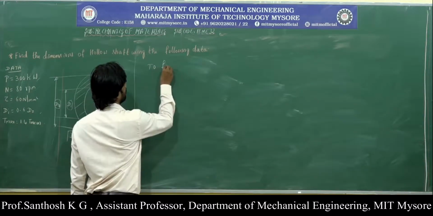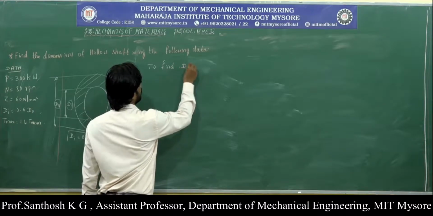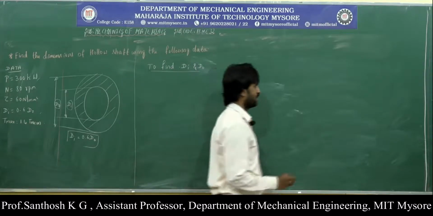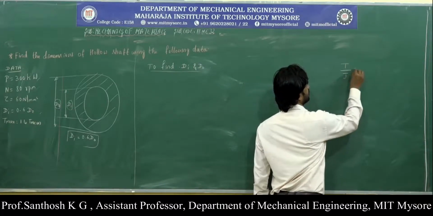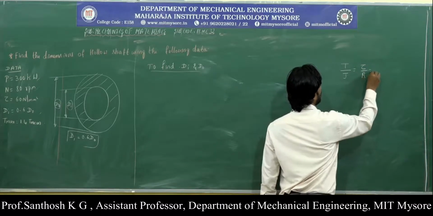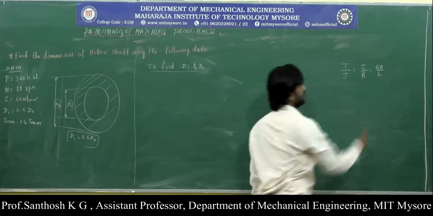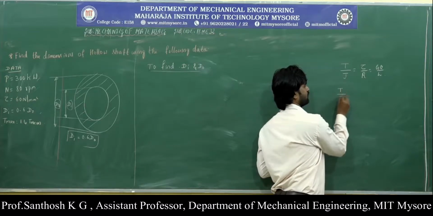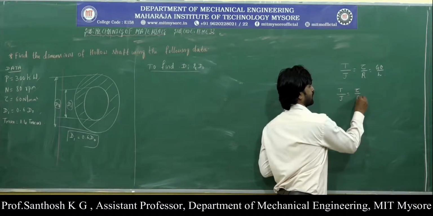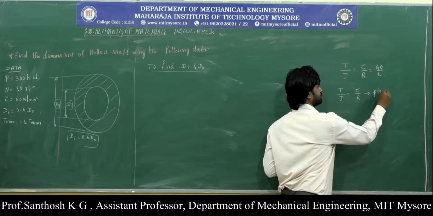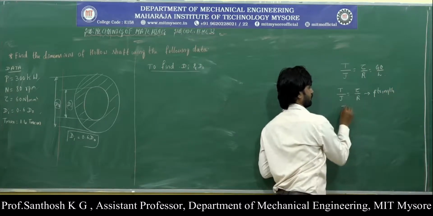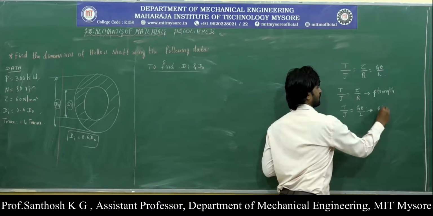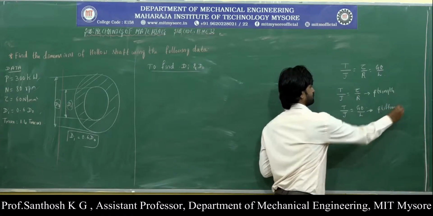So let us find di and d naught. In order to find the value of di and d naught, we will be using the torsion equation, which is T by J equals tau by R equals G theta divided by L. In this equation, if I equate the first term to the second term, it is called the strength equation, and if I equate the first term with the last term, then the equation is called the stiffness equation.